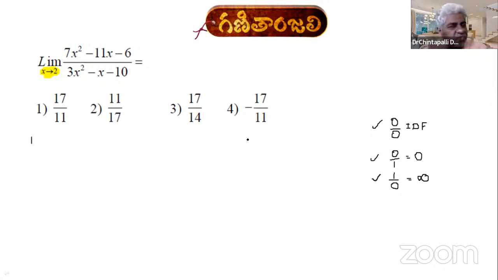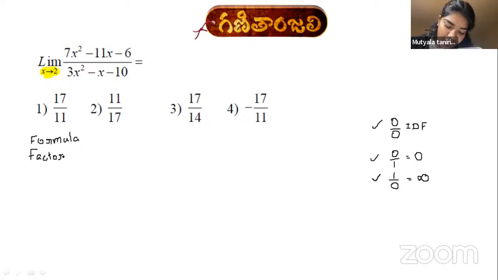One method is formula, or factorization, or rationalization, or L'Hospital. Formula: there is no formula for this type of function. Next, factorization. Factorization works out.